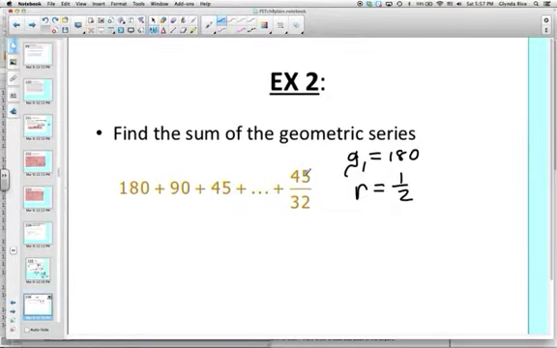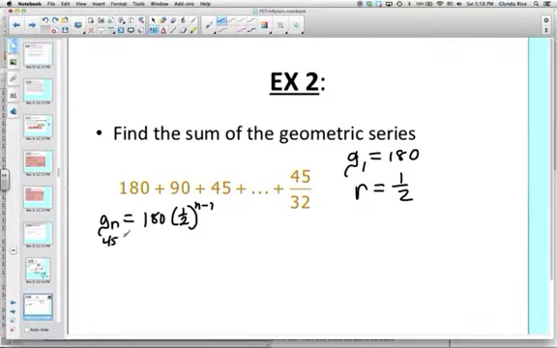We do not know what n is. So, we're going to put this in the explicit formula for a geometric sequence. G sub n equals first term 180 times R, which is 1/2, to the n minus 1. Check that with your formula on the card. Let's find out what that is.